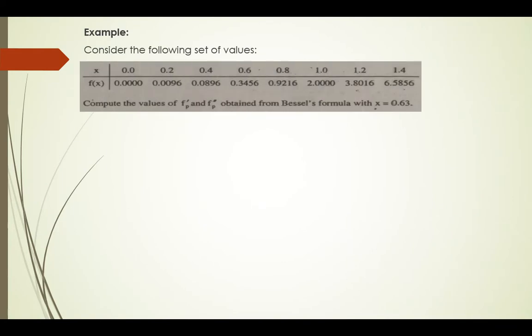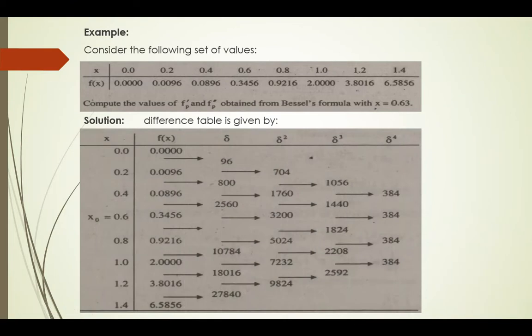The set of values is given, and you need to compute f prime, the first derivative and the second derivative, by Bissell's formula when x is equal to 0.63. Constructing the difference table and identify x naught. X is 0.63. This is actually xp.